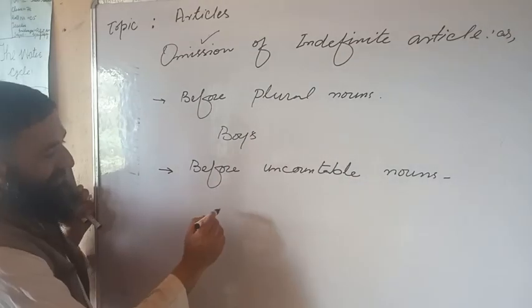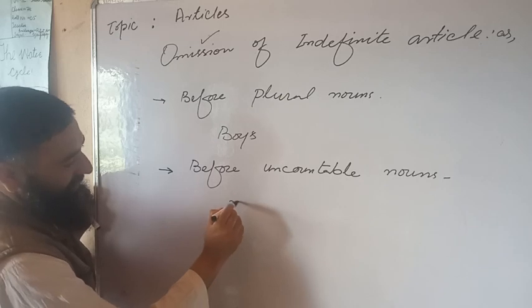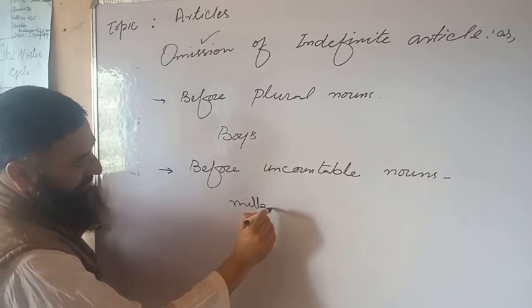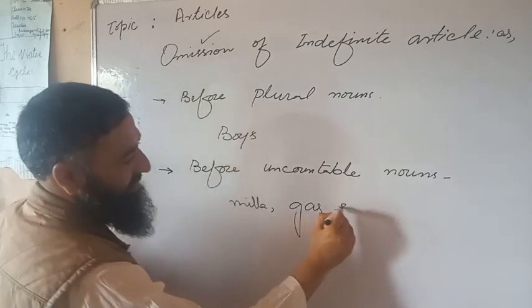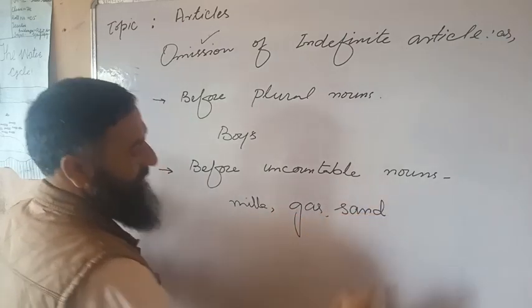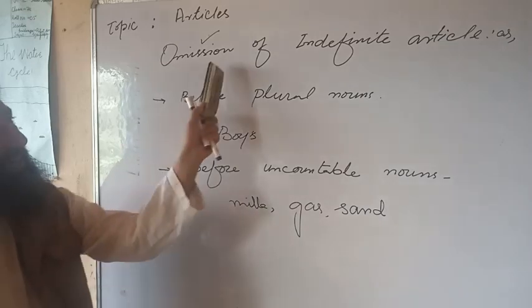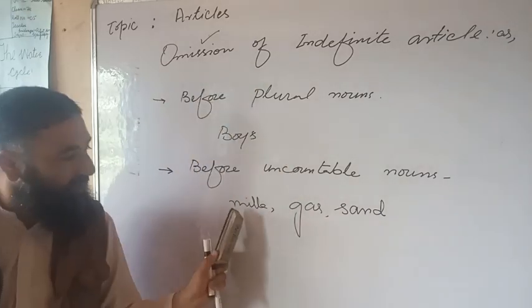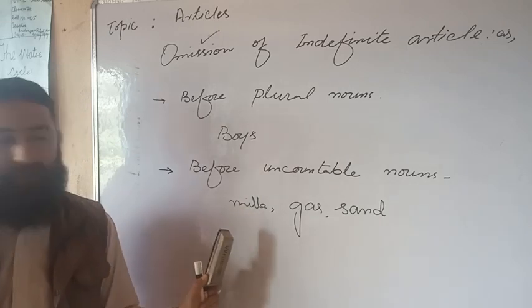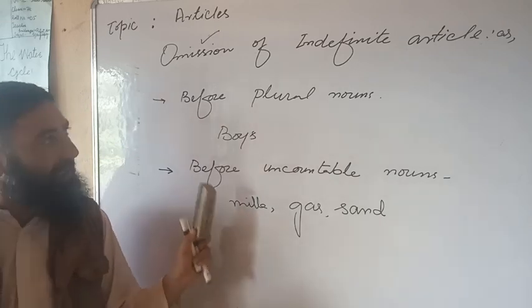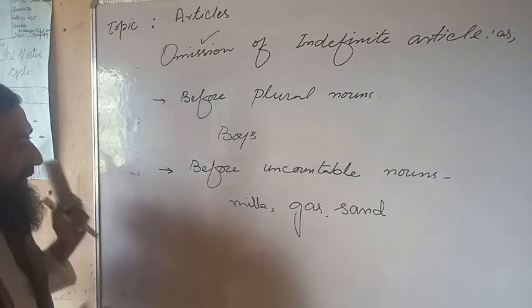For example, there is milk, there is gas, and sand is there. You will use no indefinite article a or an before all these words. These are all uncountable nouns.